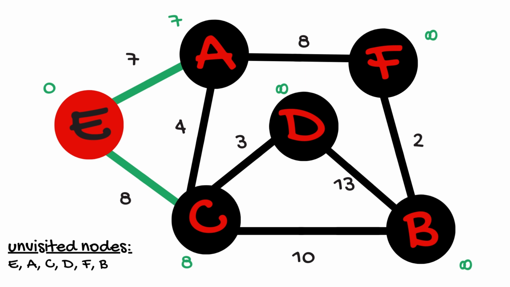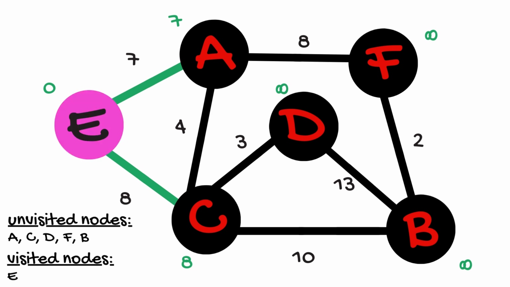Now that we have looked at all the neighbours of E, we've now visited E, and we can now start visiting the node with the shortest distance from our start node E that still hasn't been visited. So basically, we're going to look at the next node with the shortest distance from E. So this node happens to be A. It's got a distance of 7, whilst the other one has a distance of 8.